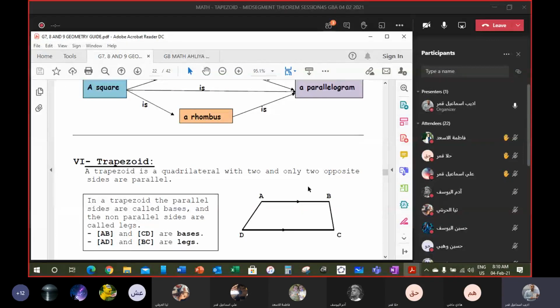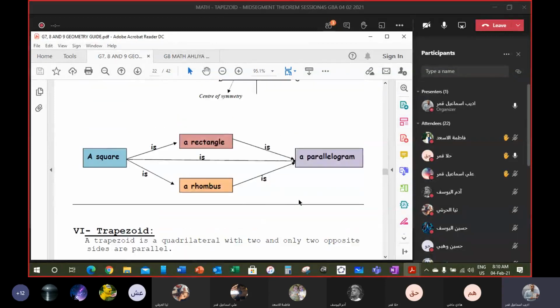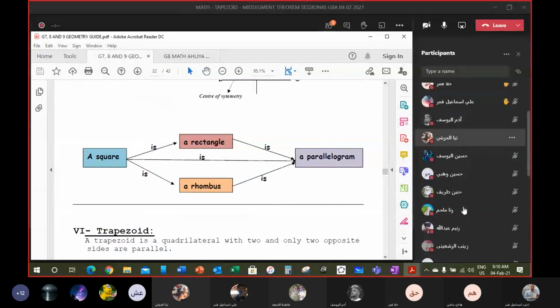What do we call the parallel sides of a trapezoid?